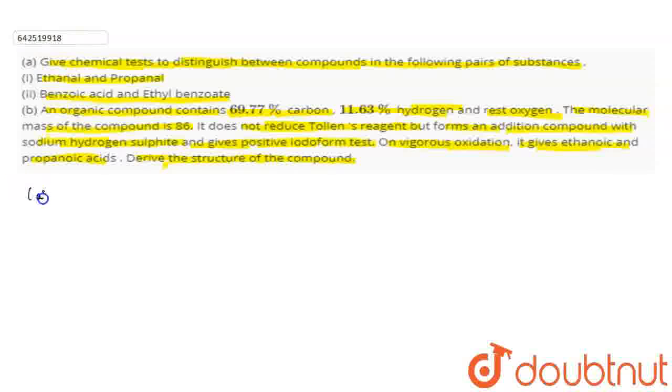Firstly, we will distinguish between ethanal and propanal. Fine. So ethanal and propanal can be distinguished by the iodoform test.